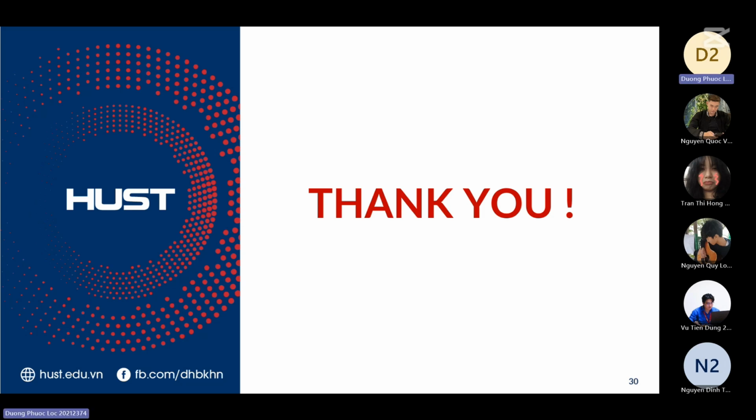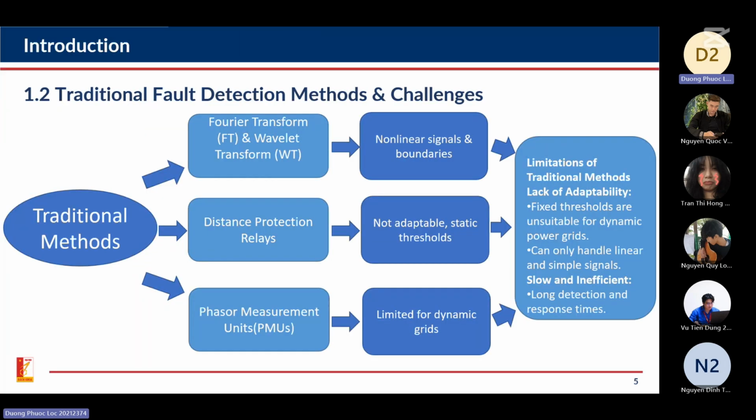Okay. I think I will explain this question. Traditional methods like, for example, Fourier transform, phasor measurement units, and distance protection relays have been widely used for fault detection on transmission lines. Fourier transform, for instance, analyzes signals in the frequency domain, making it effective for identifying periodic changes or disturbances.